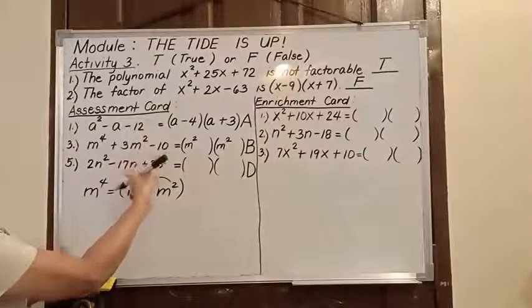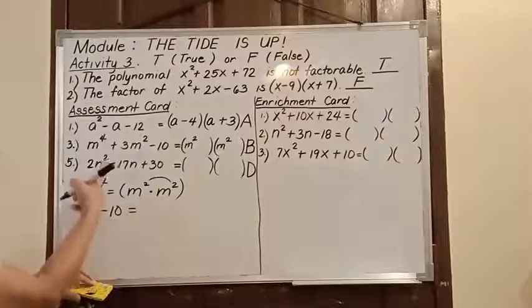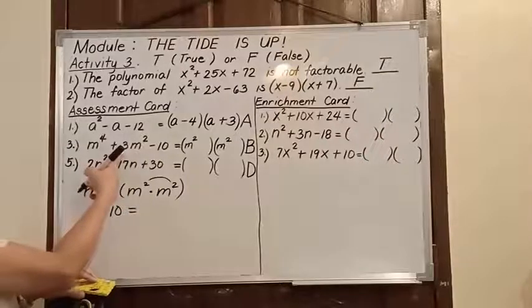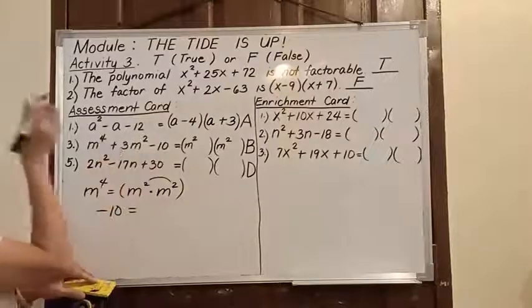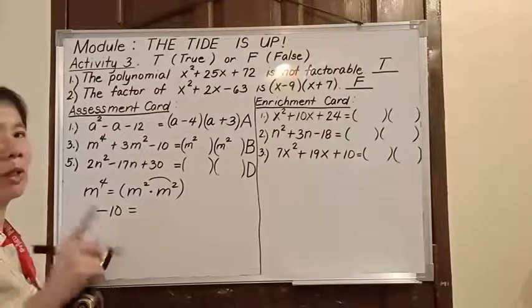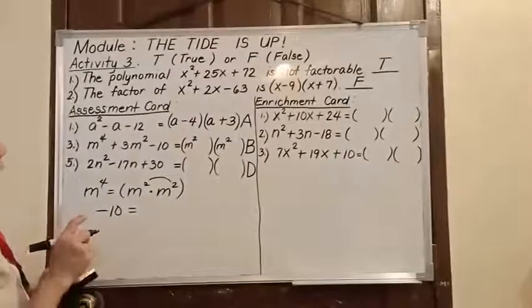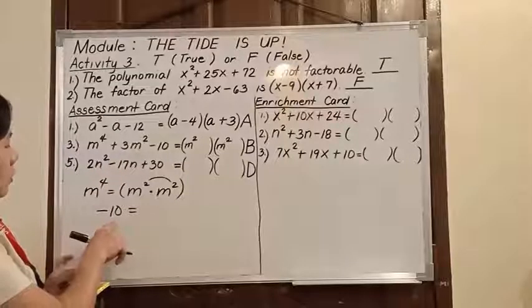Next, factors of negative 10, whose sum is positive 3. Ano kaya ang factors ng negative 10? Kung negative yan, kailangan isang positive, isang negative. Kailangan natin ng positive 3 pag inan. So, 5 and 2.